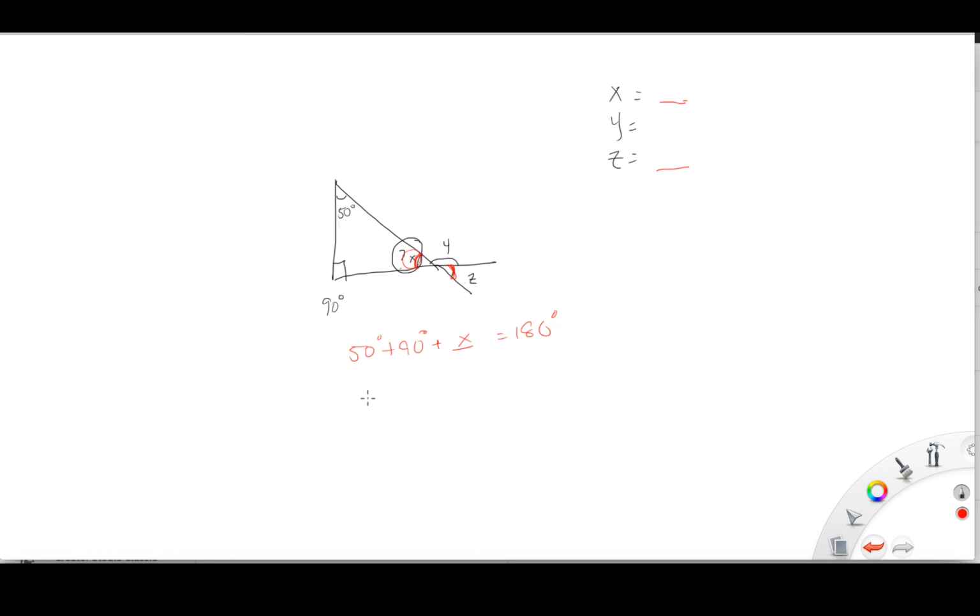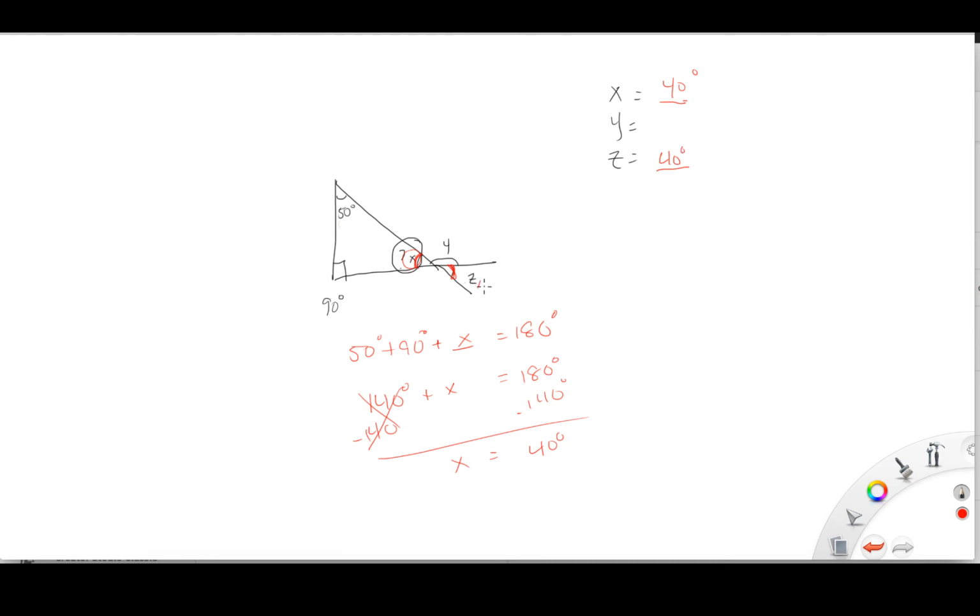All right, so 50 plus 90 is 140 degrees, plus x equals 180 degrees. Let's get x by itself. So we'll subtract 140 here, subtract 140 here. We notice that these cancel off. X equals 40 degrees. So x is equal to 40 degrees, which means z is also equal to 40 degrees.